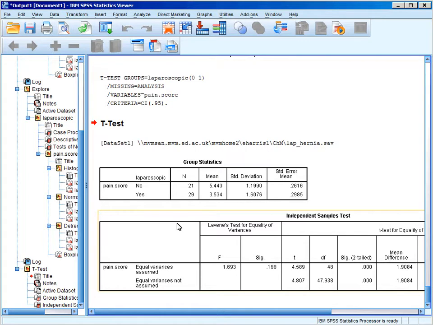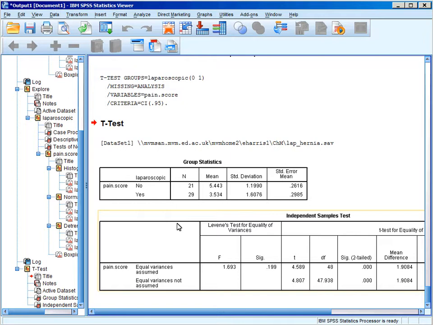Then you number each of those orderings, 1, 2, 3, 4, up to 50. Then you take the mean of the ranks. If pain score is higher in one of the groups, then you'll expect the ranks to be higher, as is the case here. Then you use that to do a statistical test, and this gives you a p-value out the other end, which is, again, effectively 0.